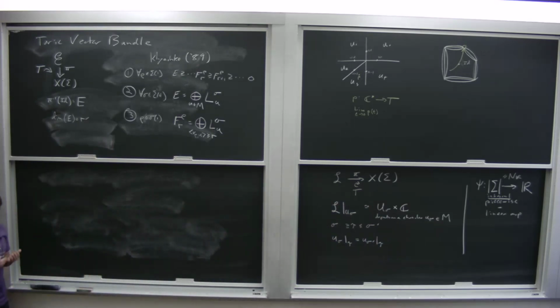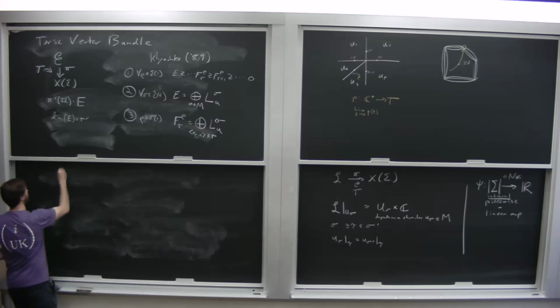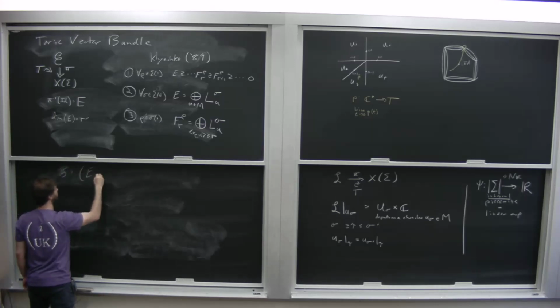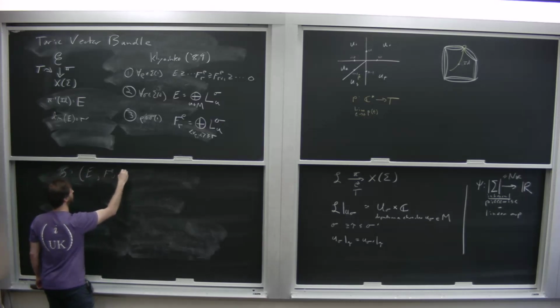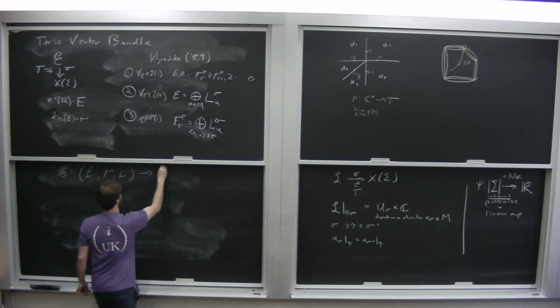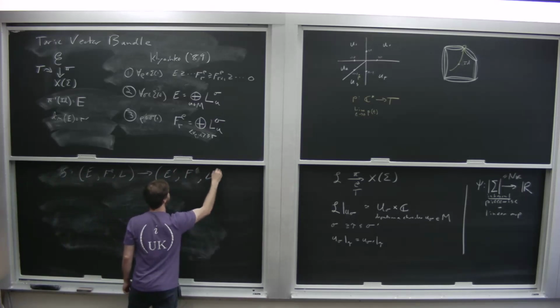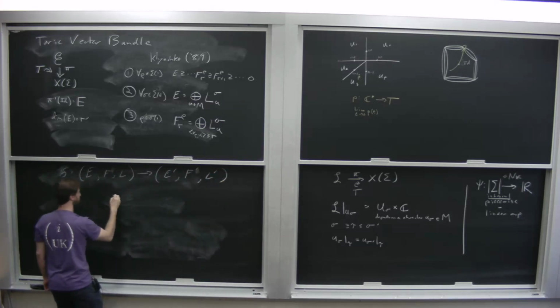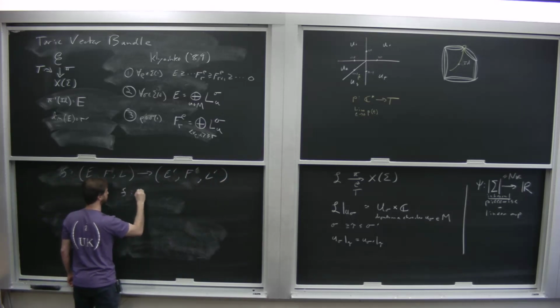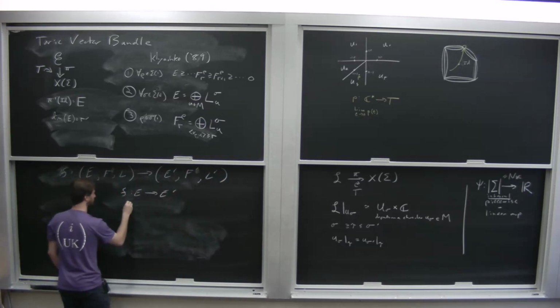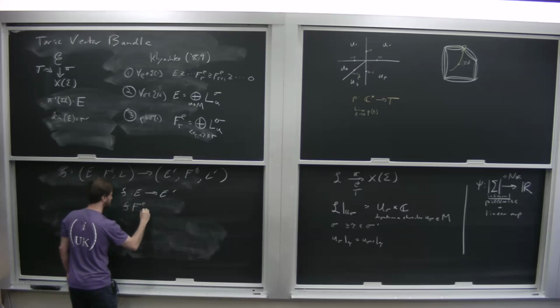Klyachko also says that the category of torus vector bundles is equivalent to the category of Klyachko data. So a map, let's just call it F, between these data is actually just a linear map where this happens.